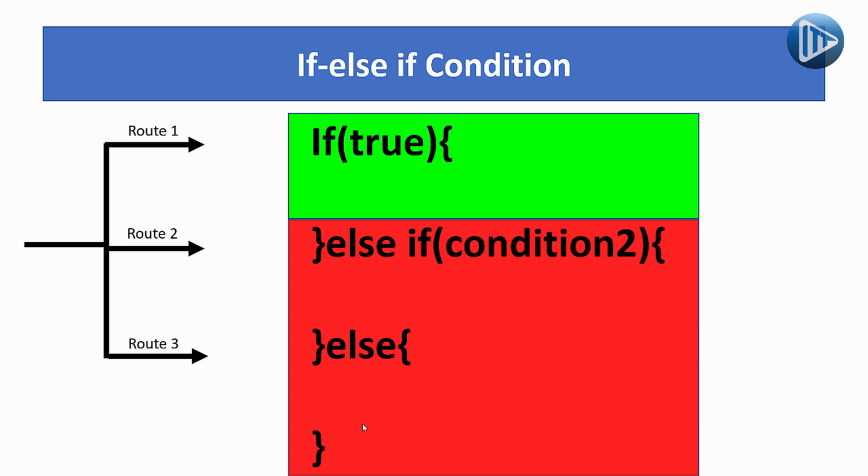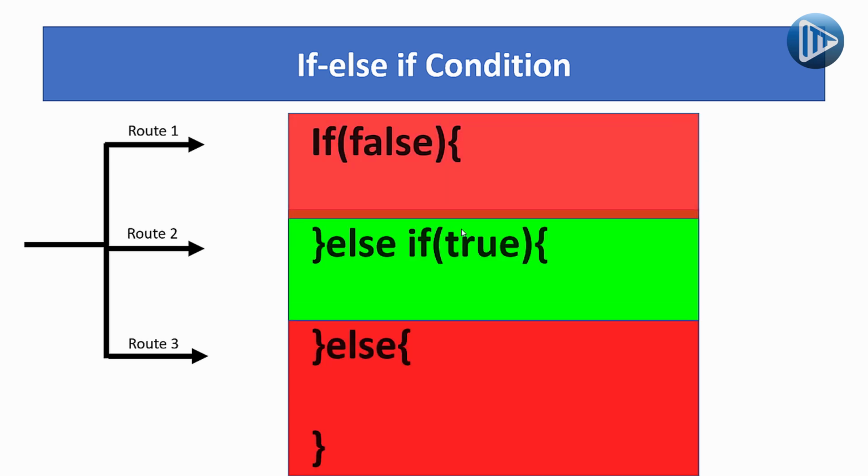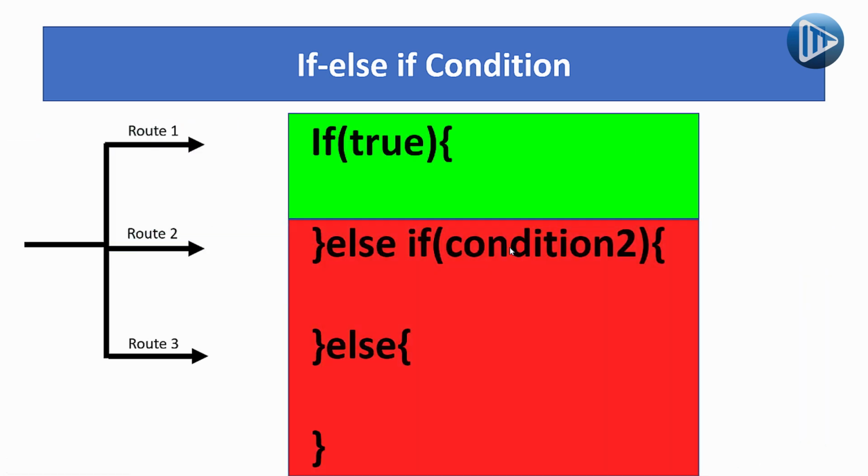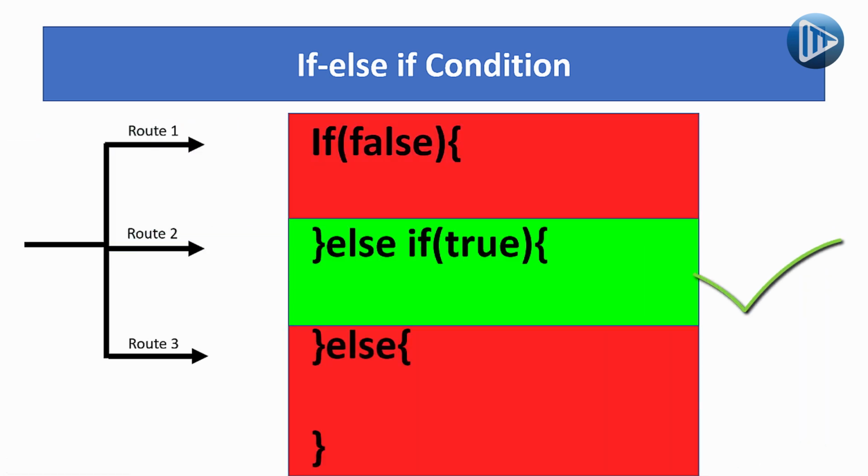Otherwise, if the first part is false, then we are going to jump to the second condition inside this if-else-if structure, and check if it is true or false. If it is true, then we are going to trigger the code inside it and cancel the code on the first part and the third part of this structure.